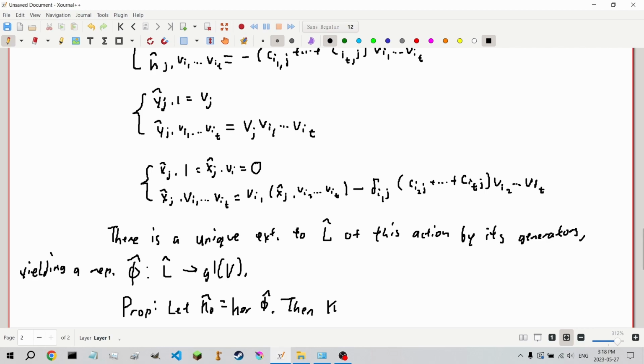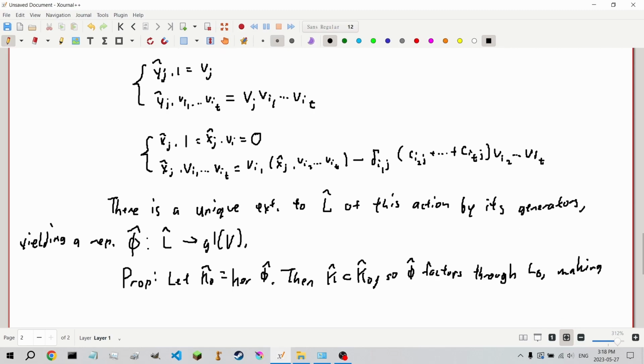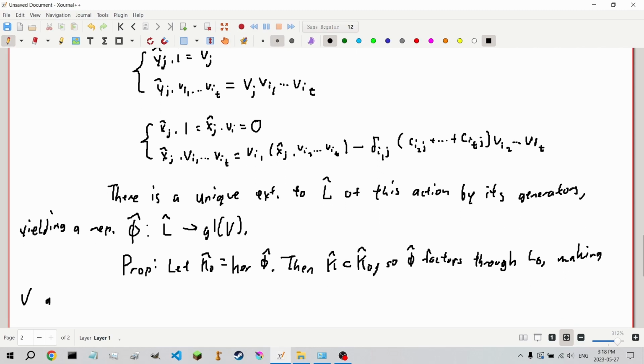Then K hat is within the kernel, so our φ hat factors through L naught, which is going to make V an L0 module.